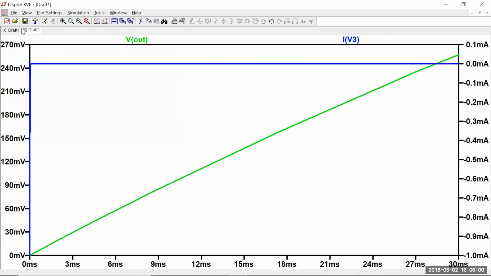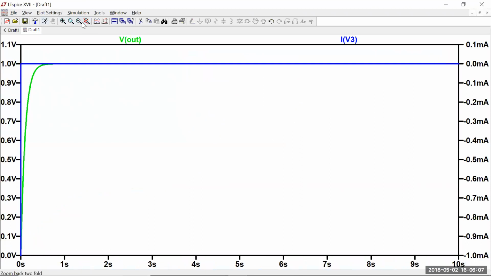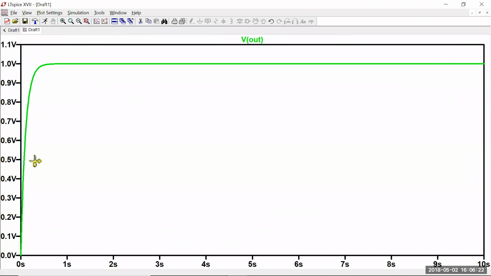All right. On the other hand, we're talking about a fourth order filter. But notice that it doesn't seem to be having an effect.